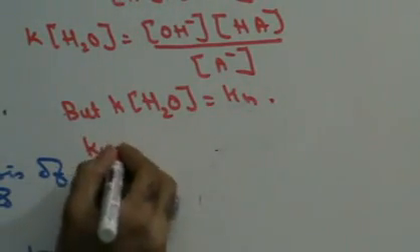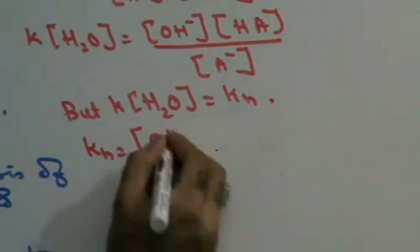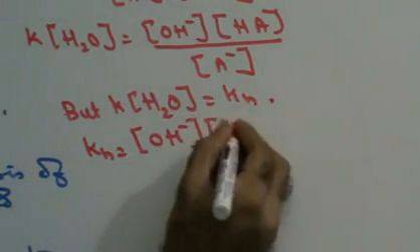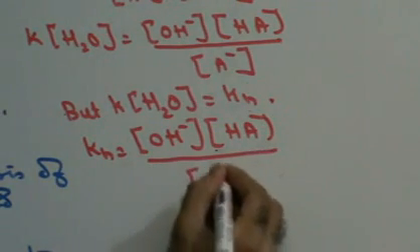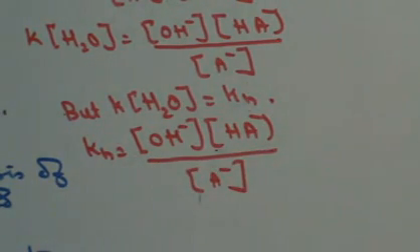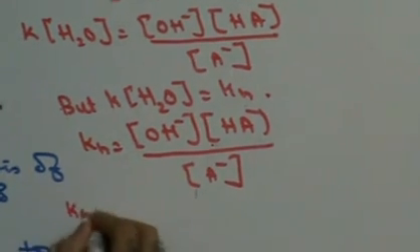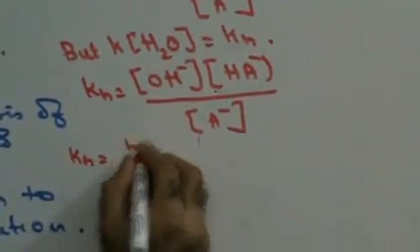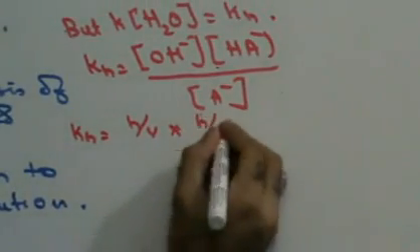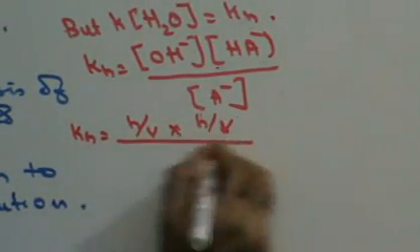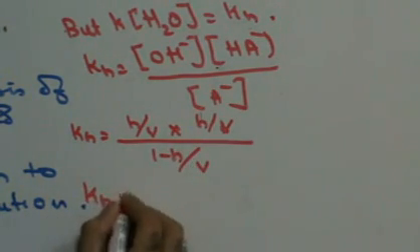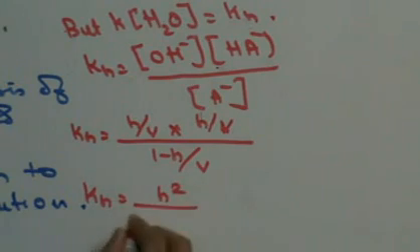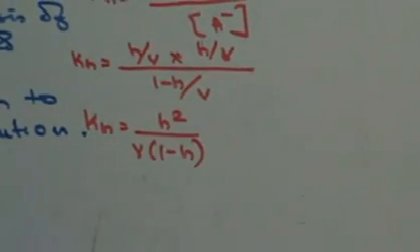Therefore I can say that KH is nothing but OH minus into HA upon A minus, right? Now substitute the values. If I substitute the values, I will get KH is H by V into H by V upon 1 minus H by V. So I can say KH is equal to H square by V into 1 minus H.